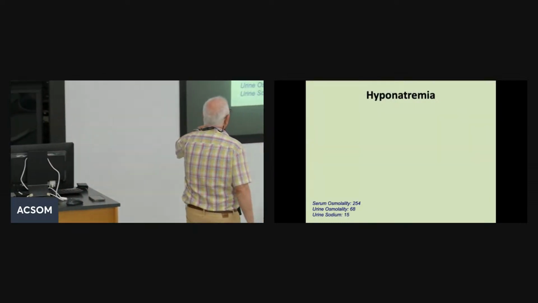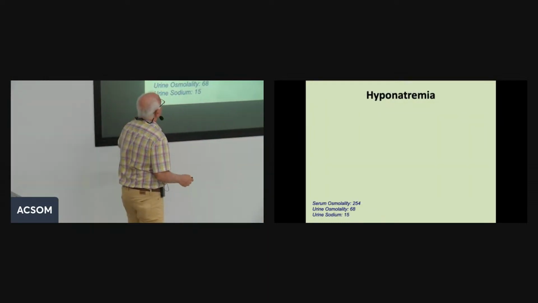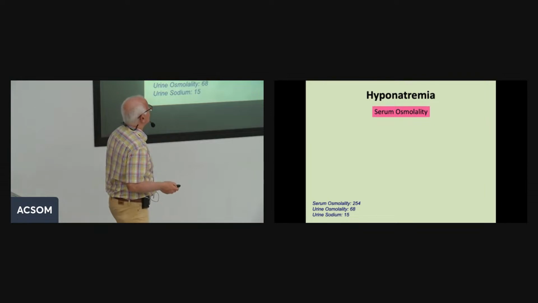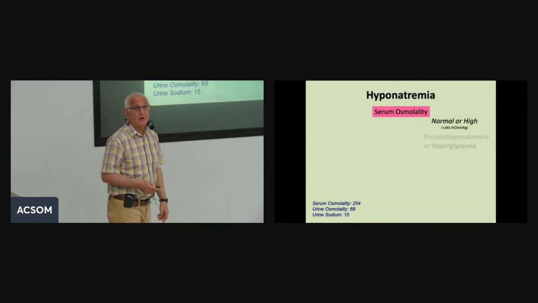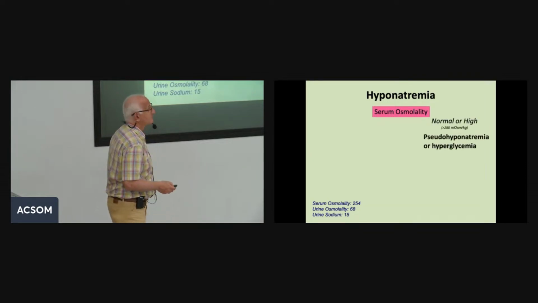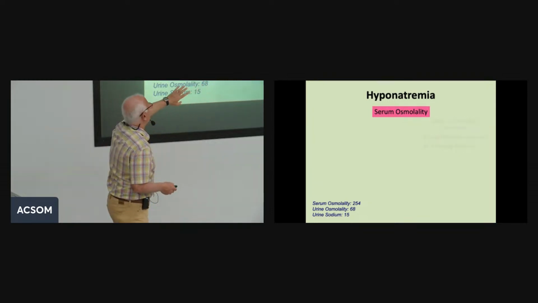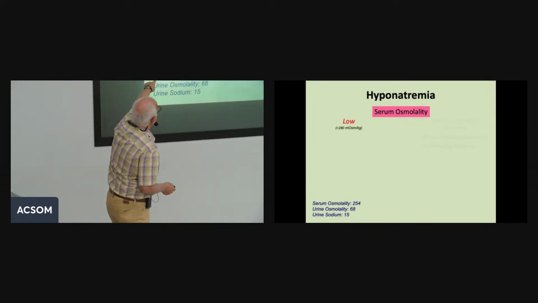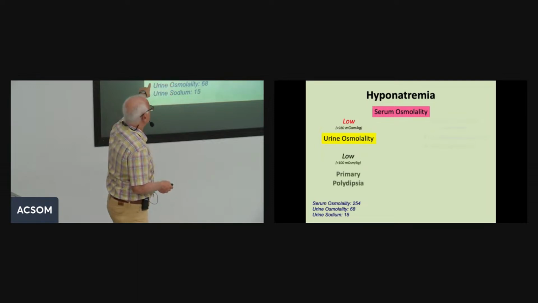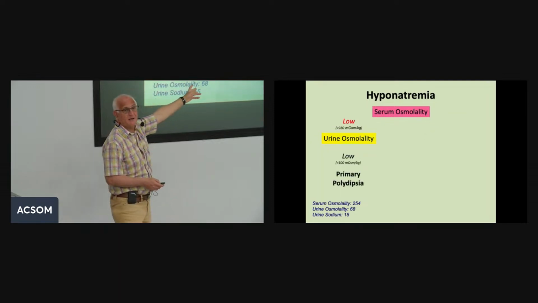I put her numbers here. So we go through our algorithm. Serum osmolality. Is it high or normal? No? We are not on this side. Forget about it. Let's go to our side. Low. Urine osmolality. Is it low? Okay. Primary polydipsia.